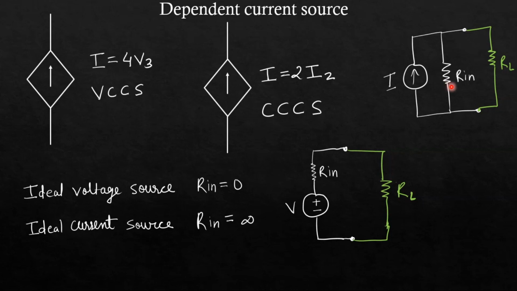So there is a wastage of 2 ampere. That is why we want this R internal to be infinite. Because if it is infinite, this path will become open circuit, so no current will flow through this, and the total current will flow through the load. That is why for an ideal current source, it should be infinite to make it open circuit, so that the total current flows through the load.